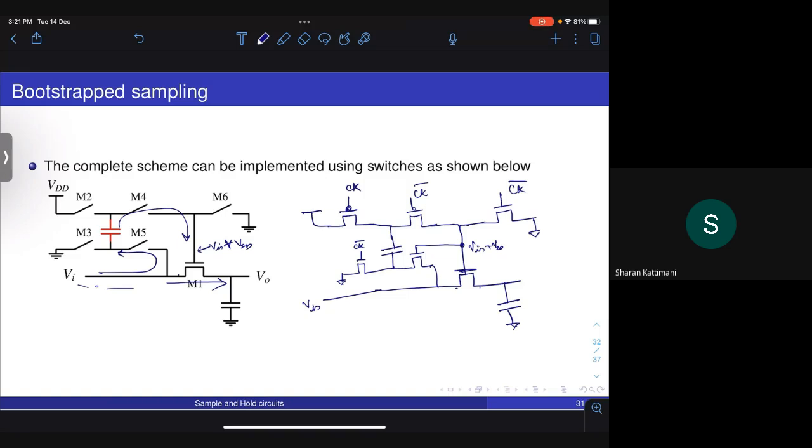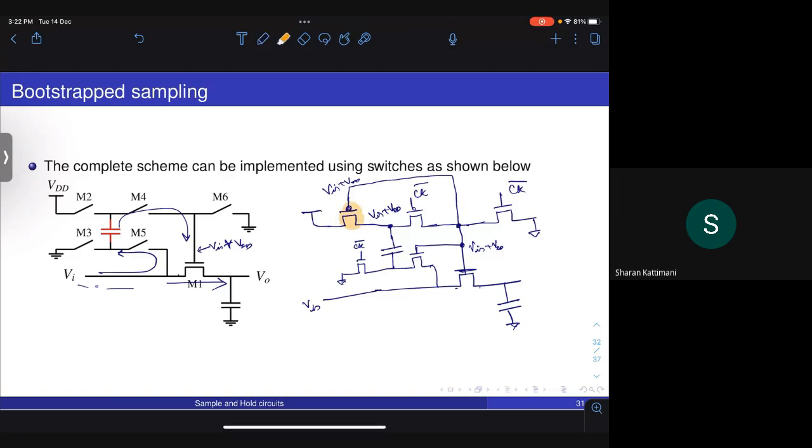But when the clock is 1, the node voltage here is at Vin plus VDD. And if Vin is greater than VTP, it may actually turn on the PMOS transistor. So in order to prevent this from discharging Vin plus VDD through this low impedance path to VDD, we must also connect this to the bootstrap switch. So this will also be Vin plus VDD, and this will also be Vin plus VDD, which will make sure that this transistor is off.